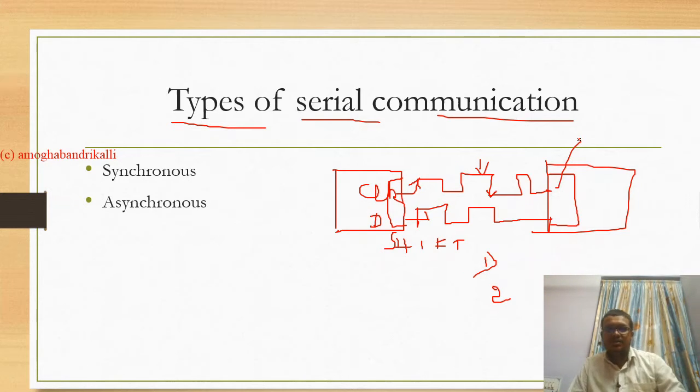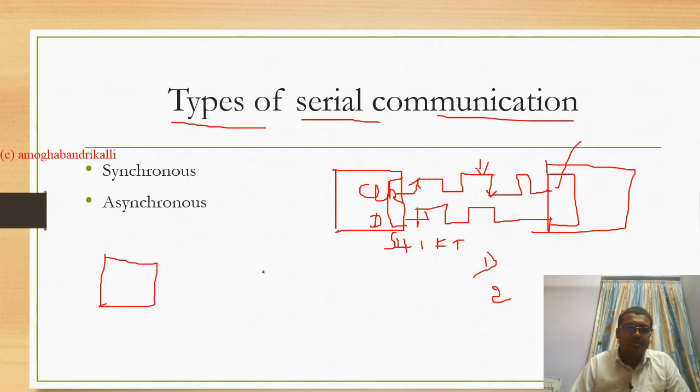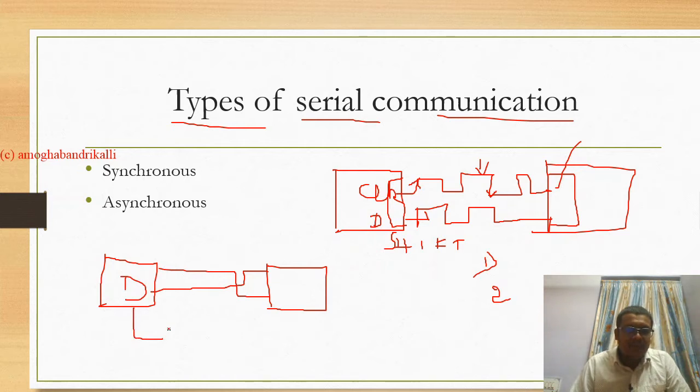So that is synchronous, and now asynchronous. In asynchronous you have only data pins, which are cross connected like this. But you have a common baud rate or clock between the transmitter and receiver.